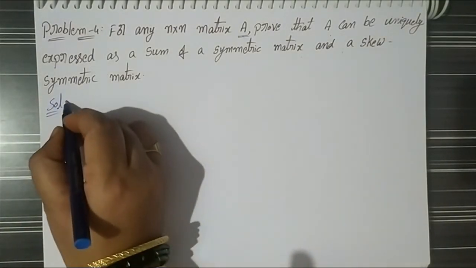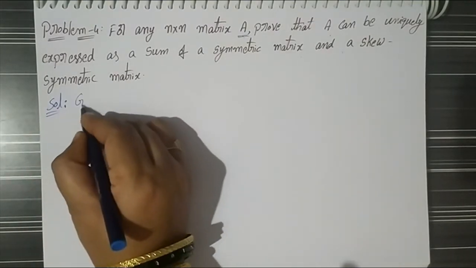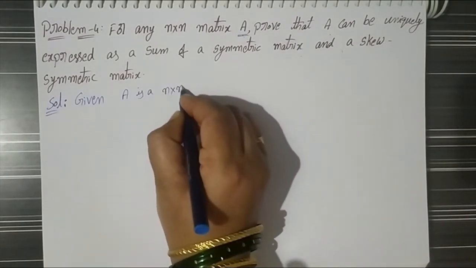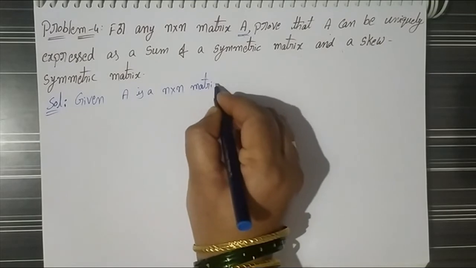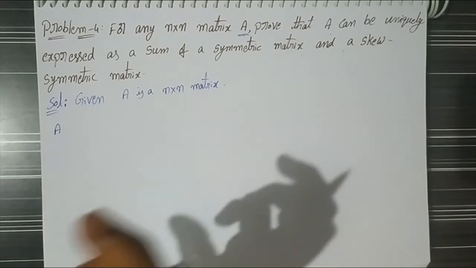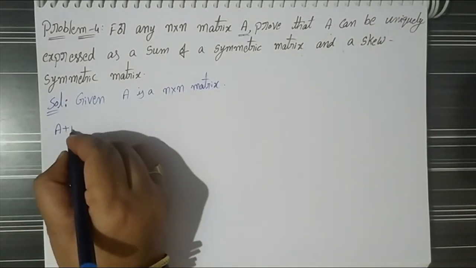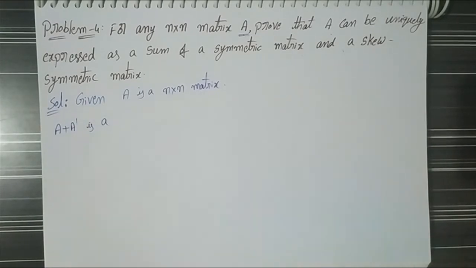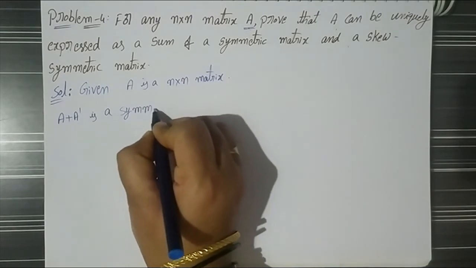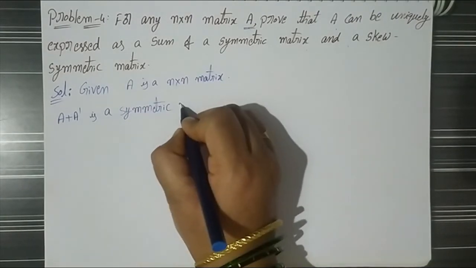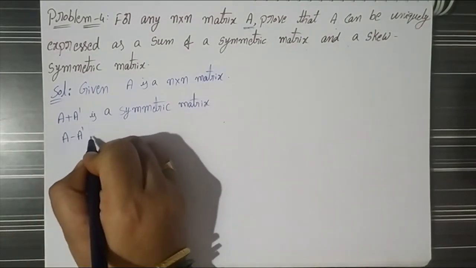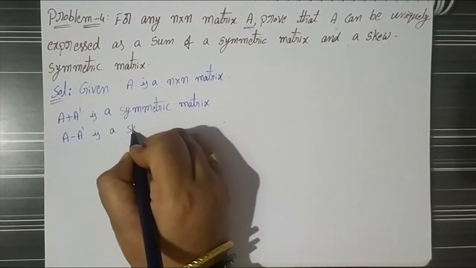Then go to the solution. First, given A is an n by n matrix. We know that if A is a square matrix of order n, then by the definition of skew symmetric and symmetric matrices, A plus A dash is a symmetric matrix, and also A minus A dash is a skew symmetric matrix.